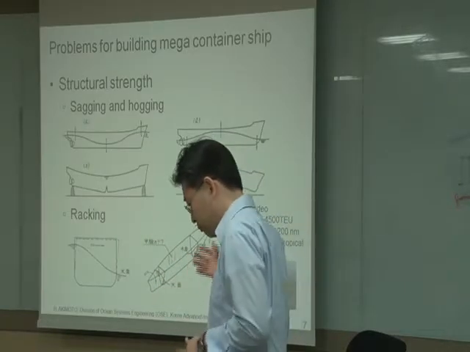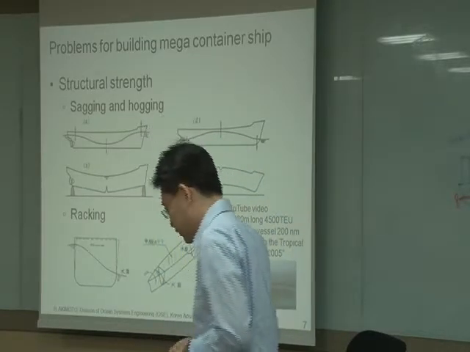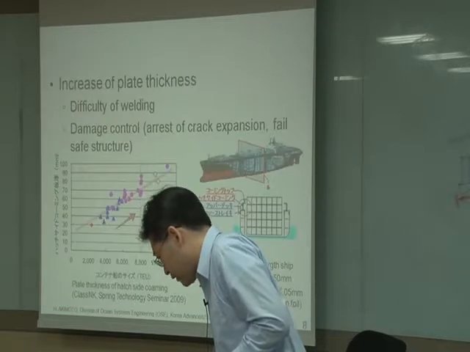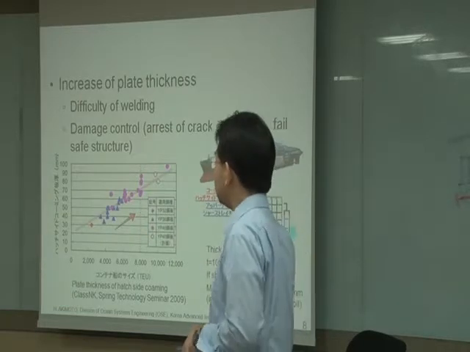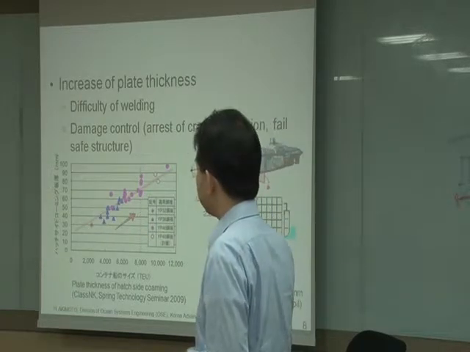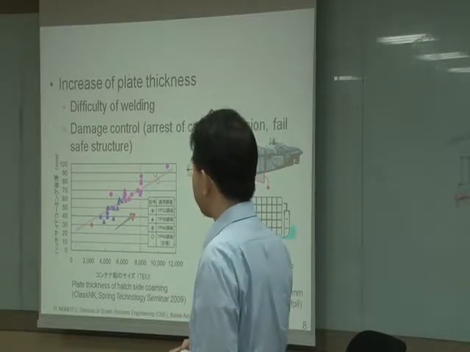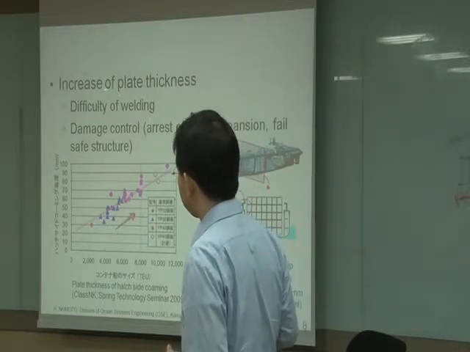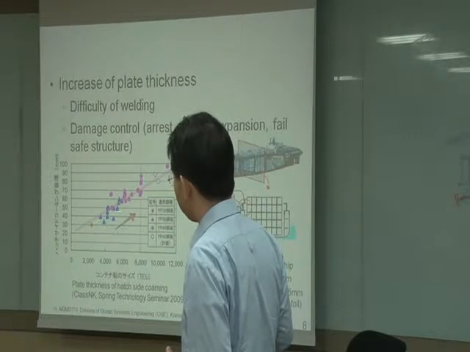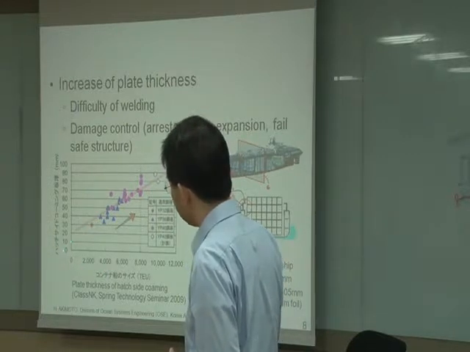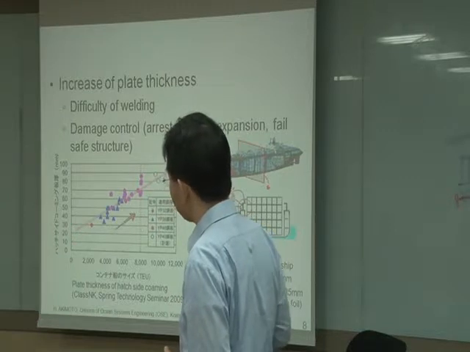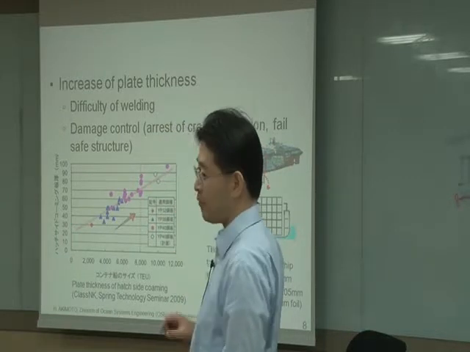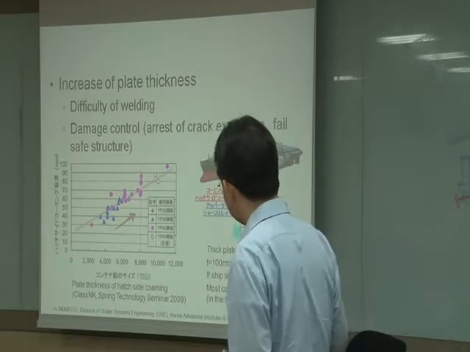So we have to prepare for this kind of load, and it is not an easy task. If we want to build a large container vessel, the thickness of the plate also increases. This shows the hatch side coaming plate thickness. It is in this part.